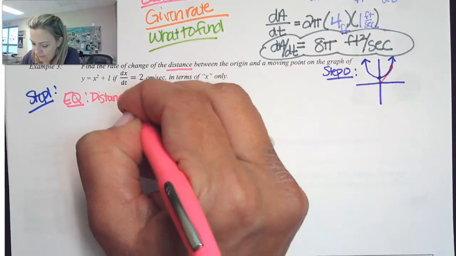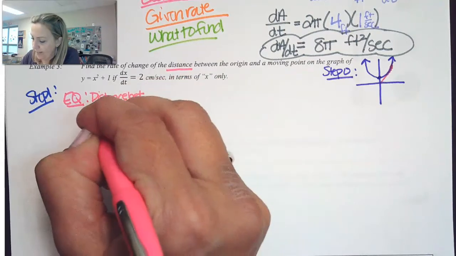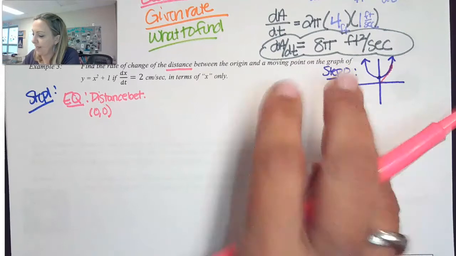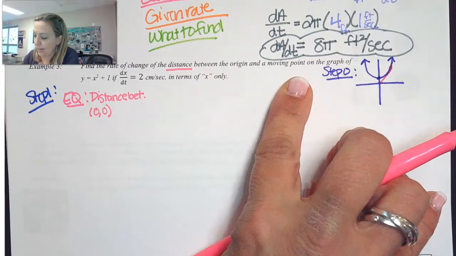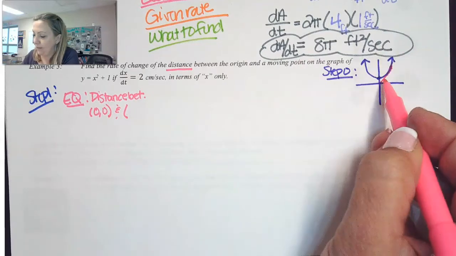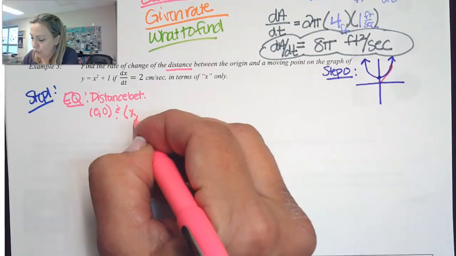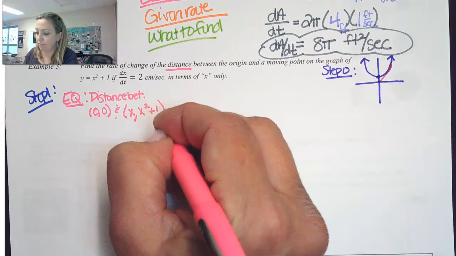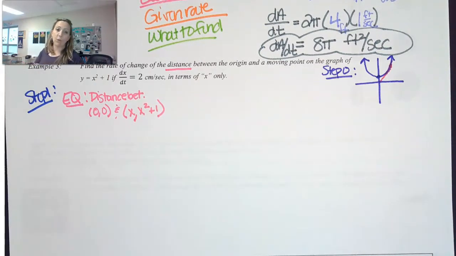So we could do the distance between the origin, which is (0, 0), and a moving point on the graph. So let's think about what the moving point on the graph would be. Notice that x is going to change, and the y value is going to be x squared plus 1. So that's what we're looking for, the distance between the origin and a point on the graph, which can be defined as x squared plus 1.